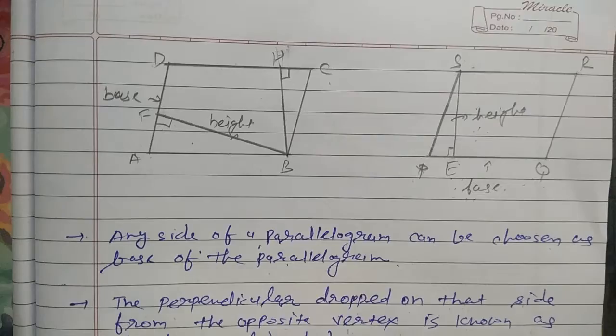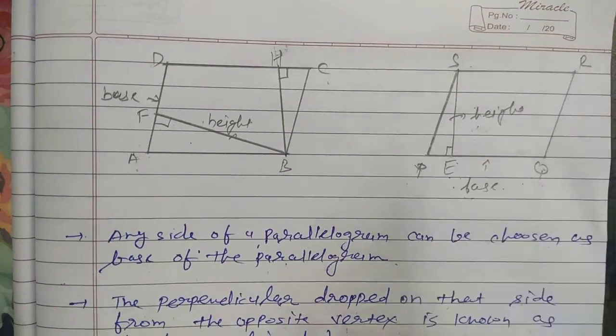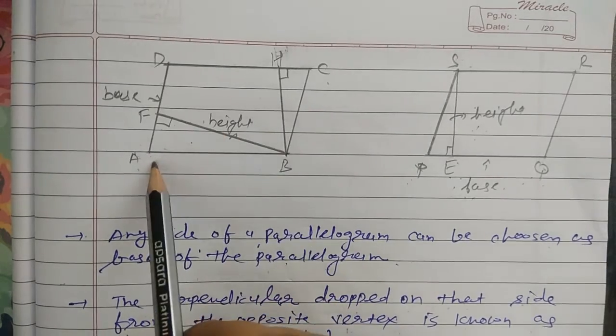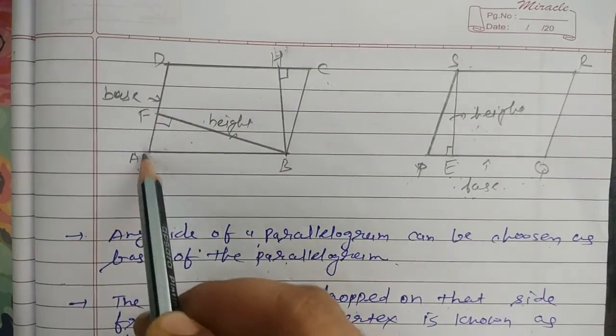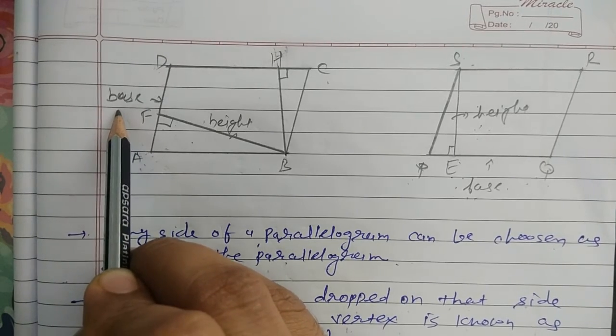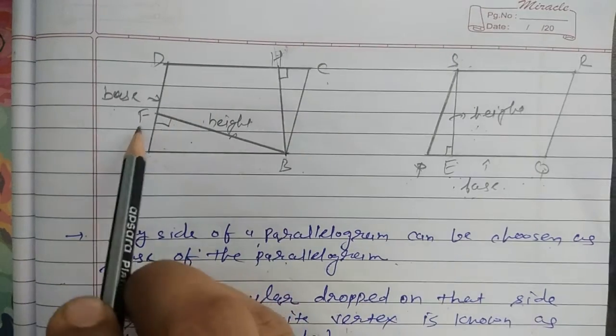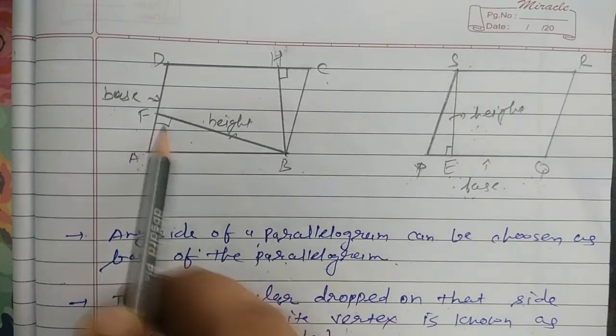So here we have two parallelograms, ABCD and PQRS. In parallelogram ABCD we have chosen AD as base. So now the height should be the perpendicular from the opposite vertex to the base, that is BF.